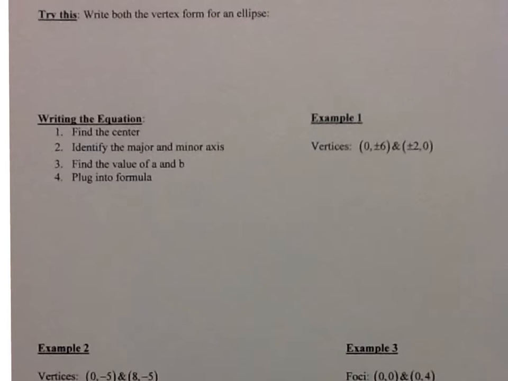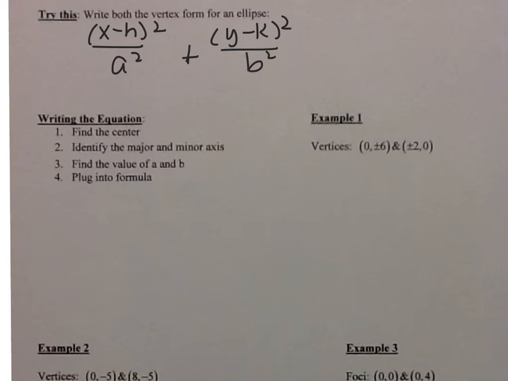So remember, the vertex form for an ellipse, one of them, is (x minus h) squared over a squared, that would be having your major axis as the horizontal, plus (y minus k) squared over b squared, so that would be your minor axis as the vertical axis, equals 1.